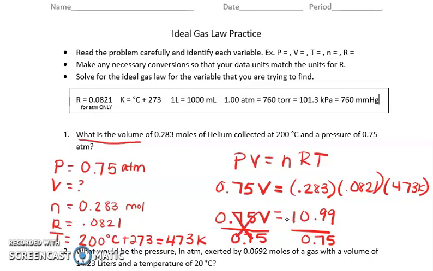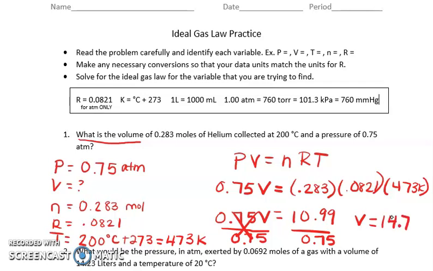So those 0.75s cancel out, leaving me with just V equals 10.99 divided by 0.75. So when I do this calculation, I get that V equals 14.653. So I'm going to round that off to 14.7.